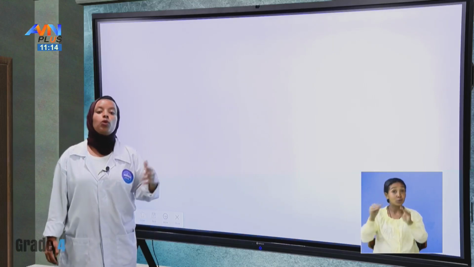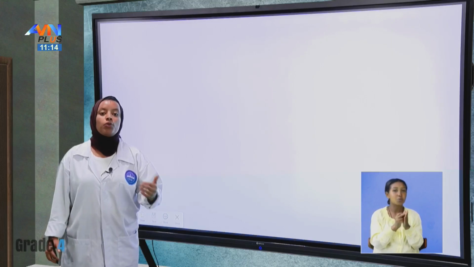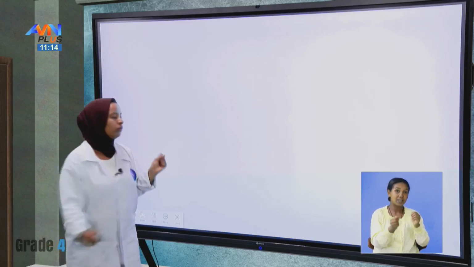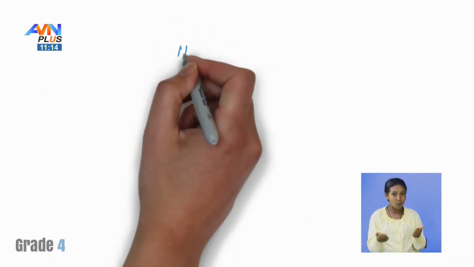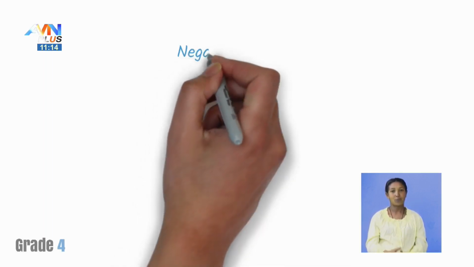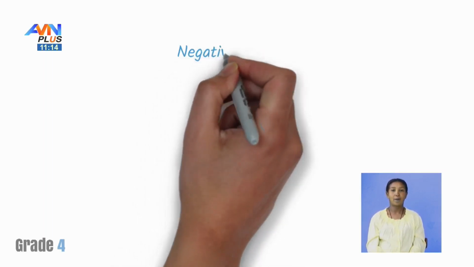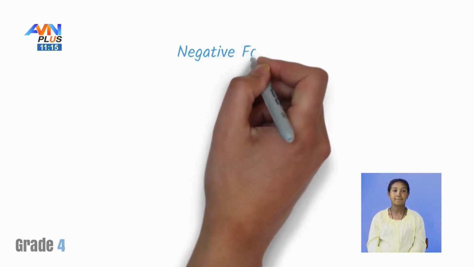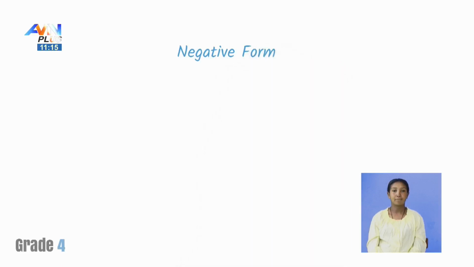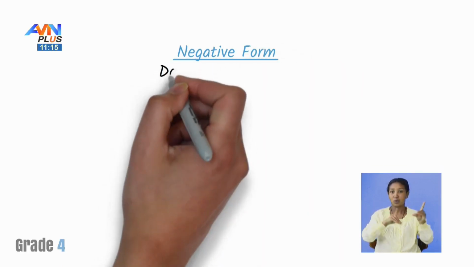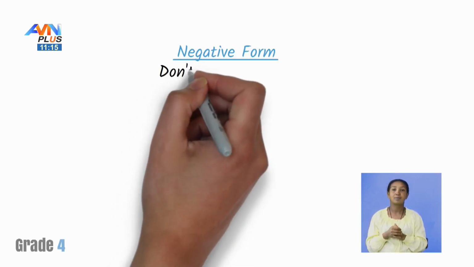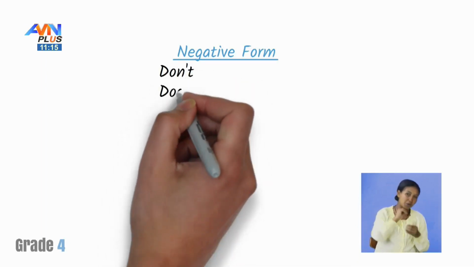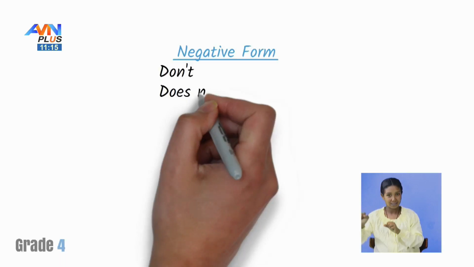Students, there is a rule also. Let me mention it for when we change to negative form. You can use don't, or we can say do not, and does not.